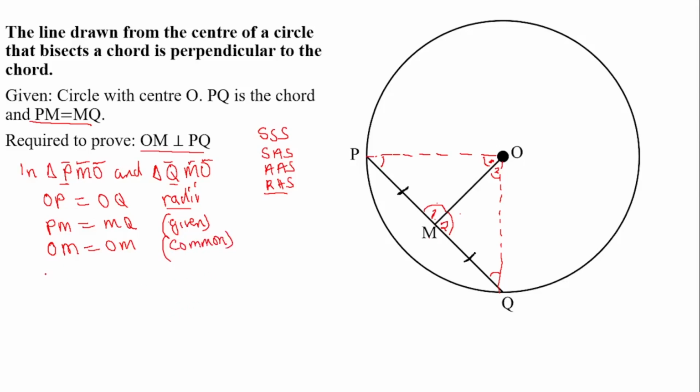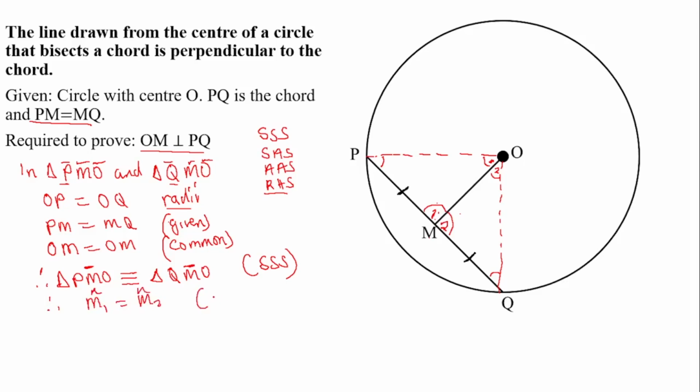So we can conclude and say, therefore, triangle PMO is congruent to triangle QMO. And then the reason: side, side, side. From congruency, what can we say? From congruency, we can say that M1 is equal to M2. So we can say, therefore, angle M1 is equal to angle M2.